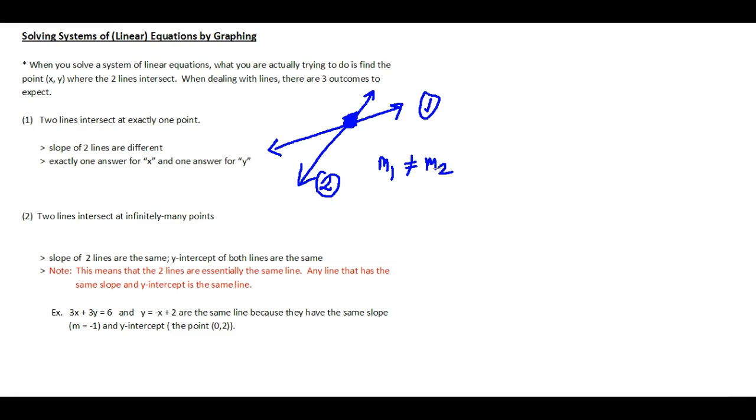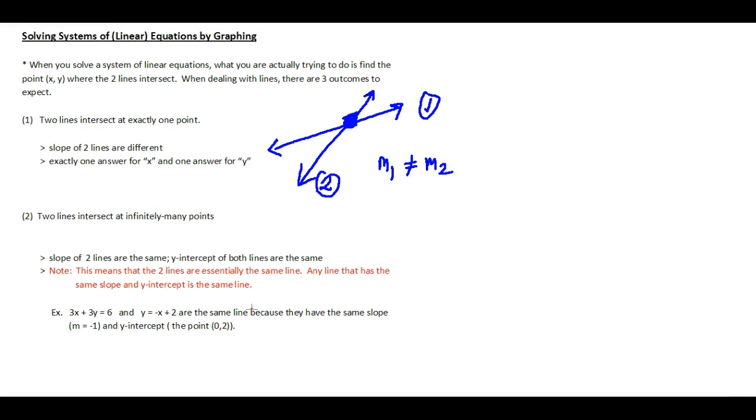Another outcome is when we have two lines that intersect at infinitely many points. What that looks like is two lines that are written in a system, but even though those lines look different, they are exactly the same line.